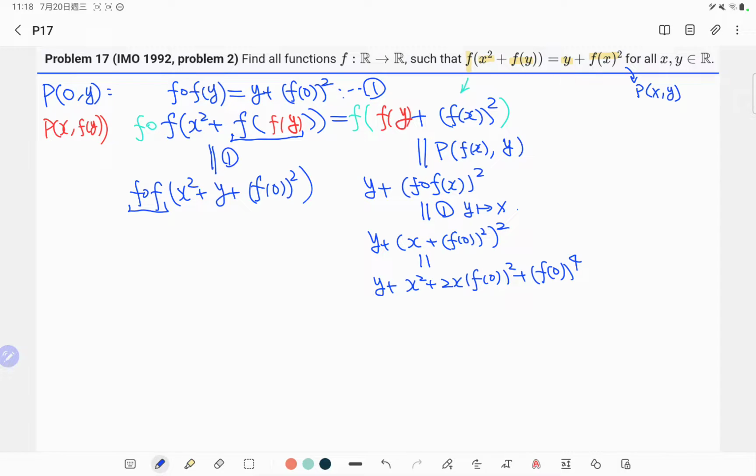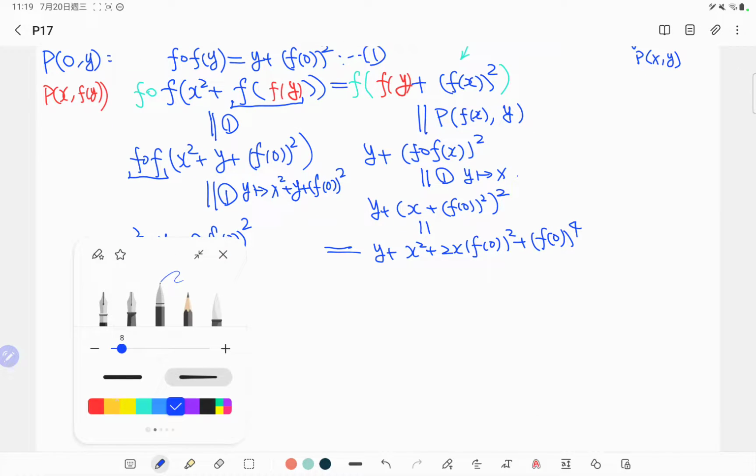Here we have f of f again, so we can also apply equation 1 with y replaced by x² + y + (f(0))². So it becomes x² + y + (f(0))² plus another (f(0))², so altogether we have 2(f(0))². Then this side should equal that side.